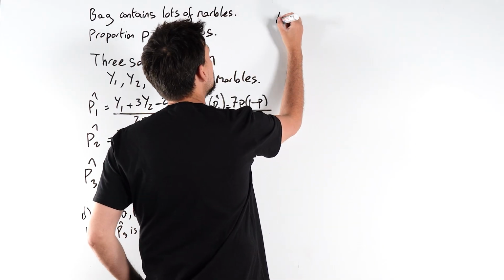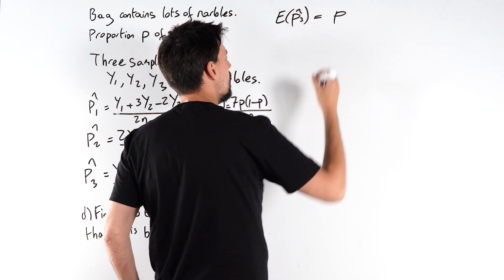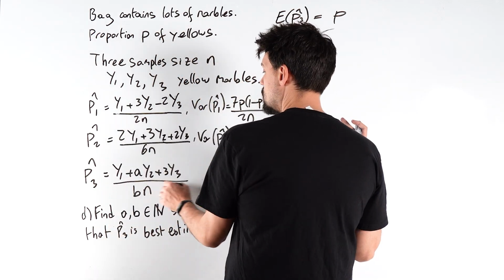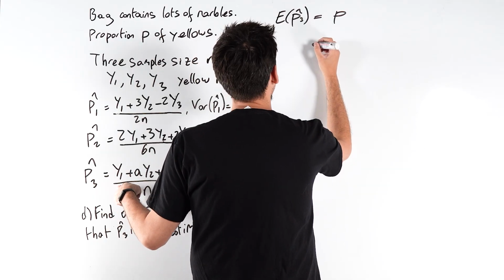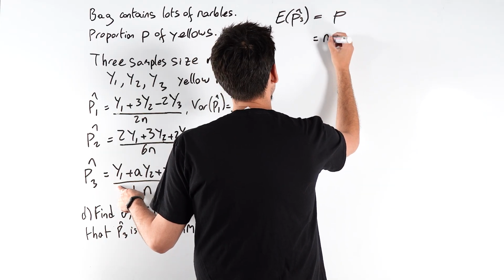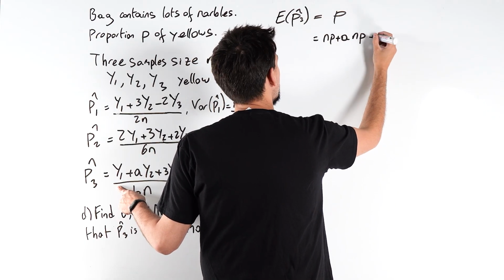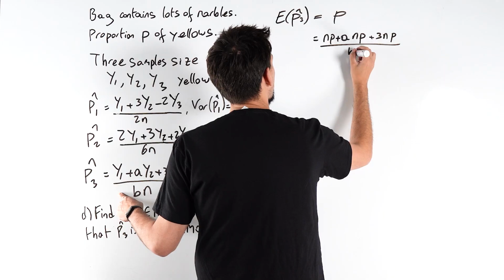Well, first of all, I need to find a and b so that it is unbiased, so its expected value is p. That will be the expected value of y1, which is np, plus a lots of the expected value of y2, plus 3 lots of the expected value of y3, over bn.